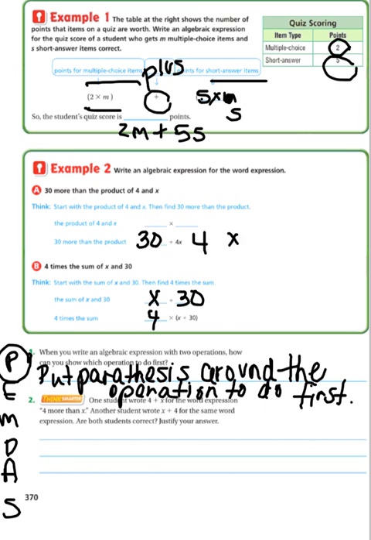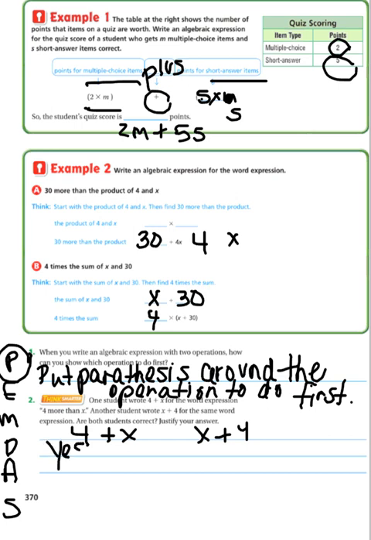Number 2. One student wrote 4 plus x for the word expression 4 more than x. Another student wrote x plus 4 for the same word expression. Are both students correct? Justify your answer. So let's think about that. If we had 4 plus x, and then we had x plus 4, would we still get the same answer? Yes, we would.